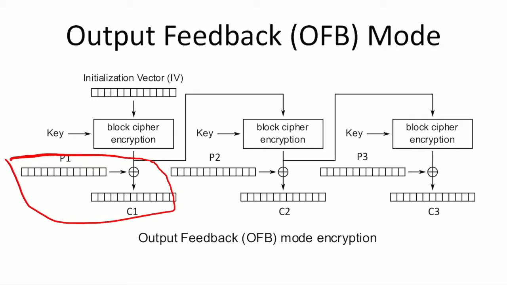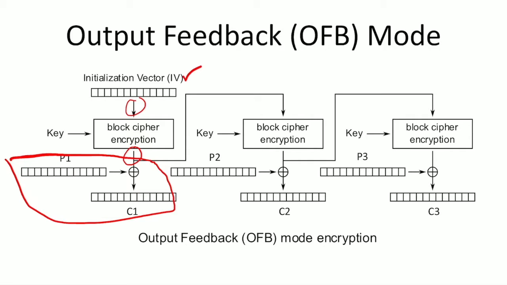And so here we are using block cipher encryption not to encrypt the plaintext, because we're not passing plaintext here. Instead, we are using it to create some output block, which we essentially just use as a key stream block. So to generate the key stream block for the very first plaintext block, we encrypt this initialization vector.